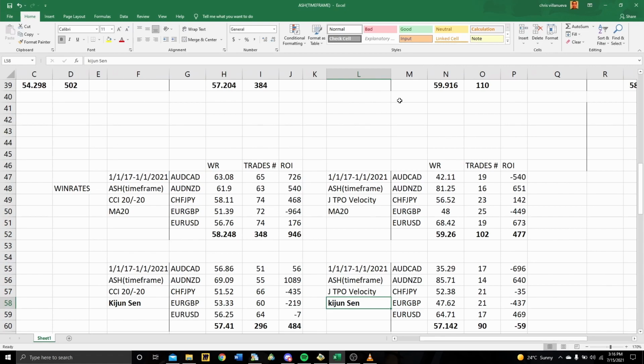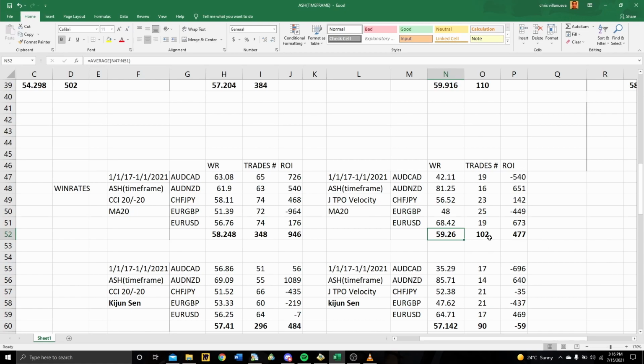So when I'm testing baselines, firstly I'll test win rates. And as you can see, MA20 and Kijun Sen on the CCI both increased the win rate for the ASH CCI combo. For JTPO though, both baselines decreased the win rate.